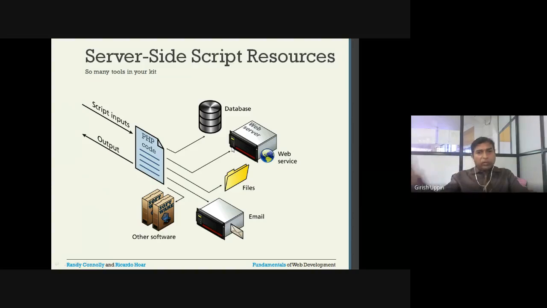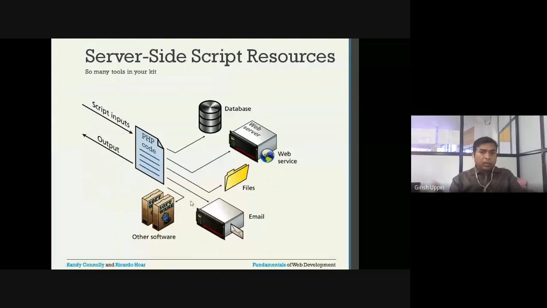It will call some web services and get the information, or it could be related to file manipulation. Maybe it will update a certain file, or mail. Anything related to mail, or it could be related to any other software. And once that execution happens, whatever output comes will be returned back to the browser which sent the particular request.